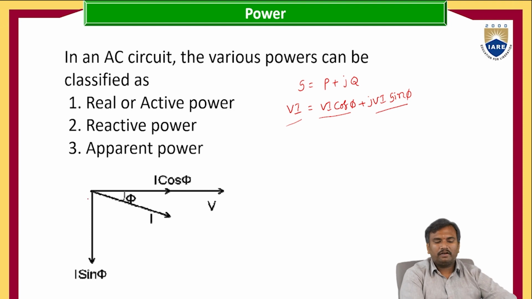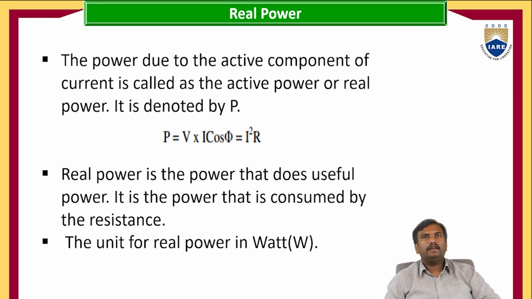So this is the way we are going to have the powers, that is active power, VI cos phi, and the reactive power will be VI sin phi, that is 90 degrees displacement to the active power. And here we can define the active power as the power due to the active component of current, called the active power or real power.